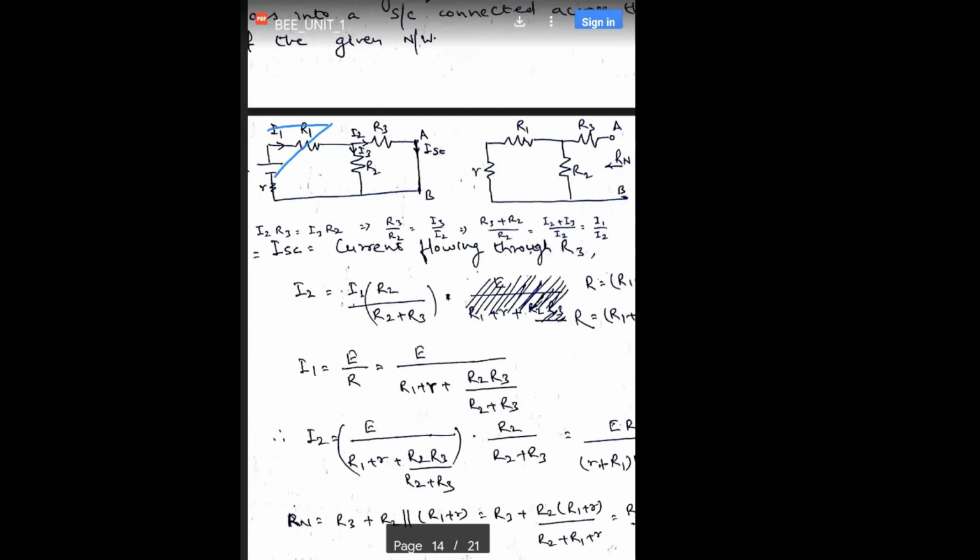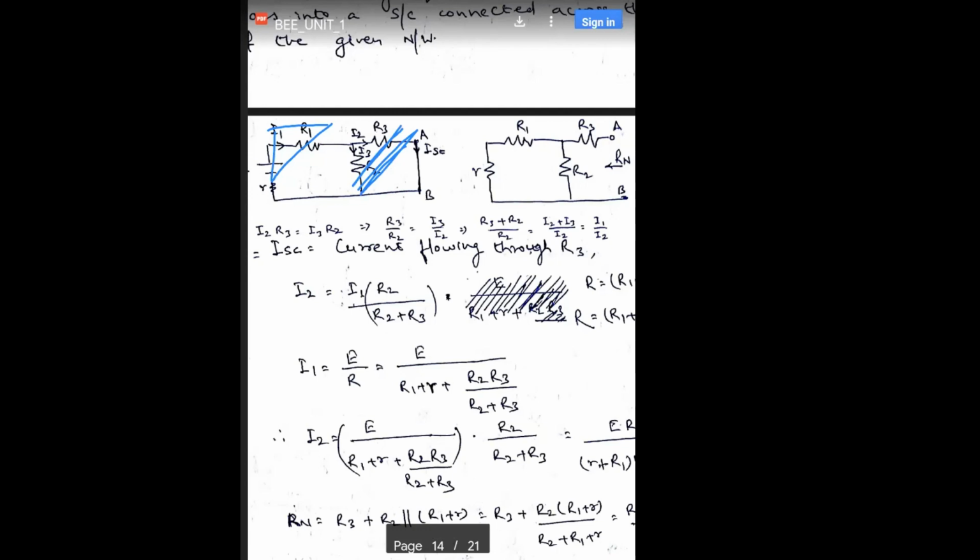It means that these R1 plus R are in series, and R2 and R3 are in parallel. So the parallel combination of R2 and R3 is calculated, and then it is added with the series combination of R1 plus R to get the effective resistance of the circuit.